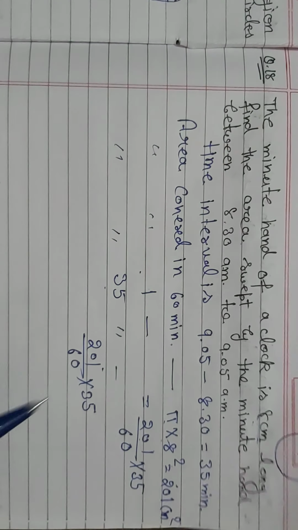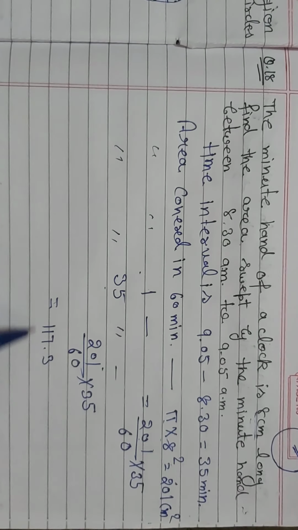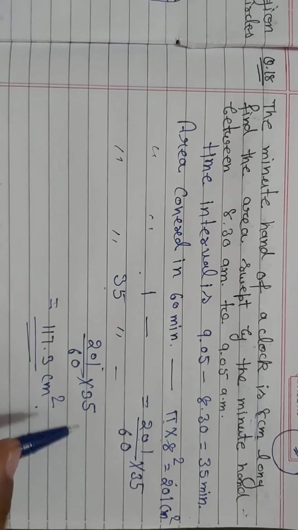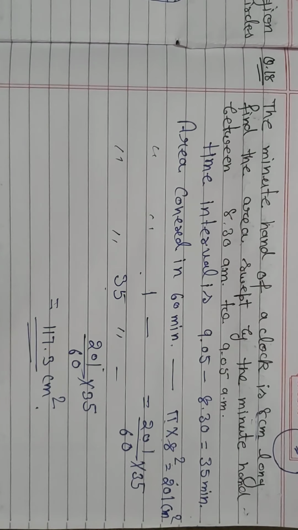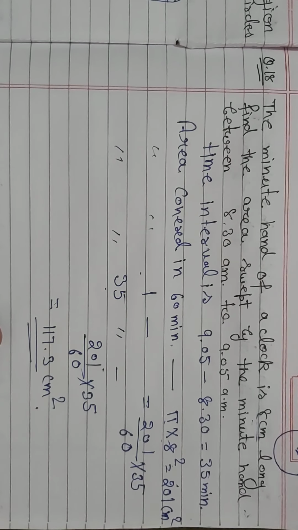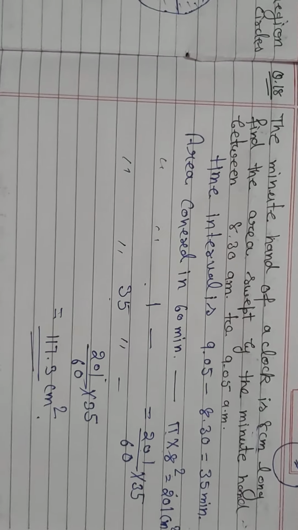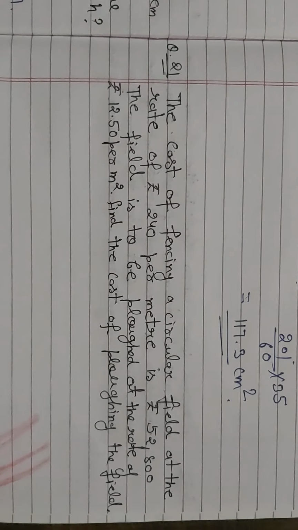If we solve this calculation, it equals 117.3, and this is the area in square centimeter. In 35 minutes, area covered is 117.3 square centimeter. Okay, next question is question number 21.